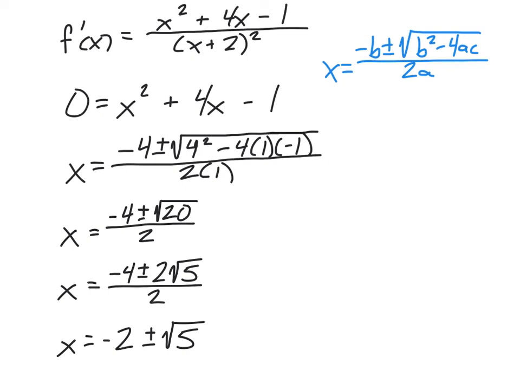We're looking specifically at the interval from negative 1 up to 3. Now it could be that both of those numbers, the negative 2 plus root 5 and the negative 2 minus root 5, could be that both of those are possible solutions in this case, possible values of c. Or it could just be one of them. So we do need to know which of them actually fits within our interval here.